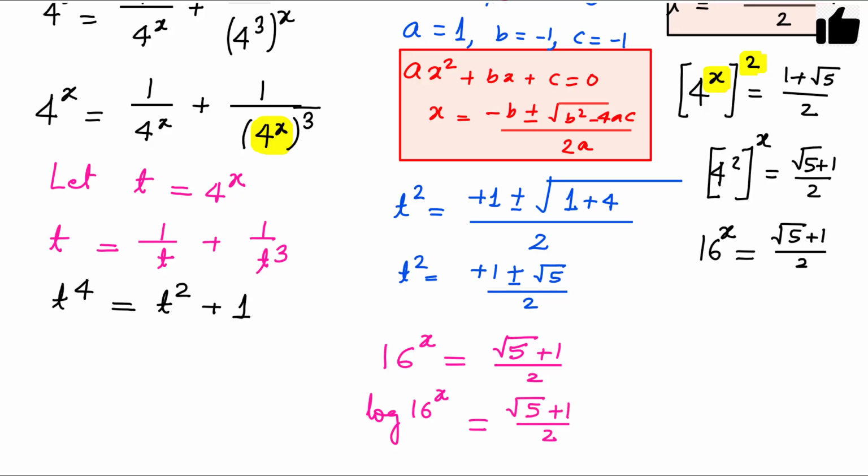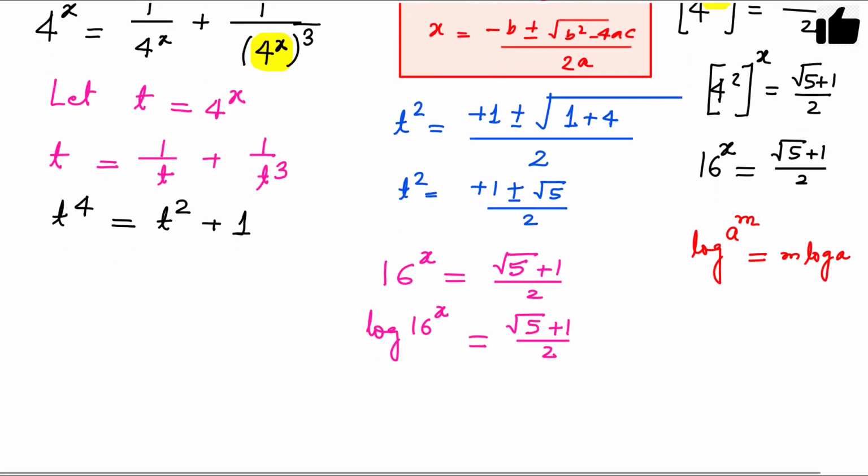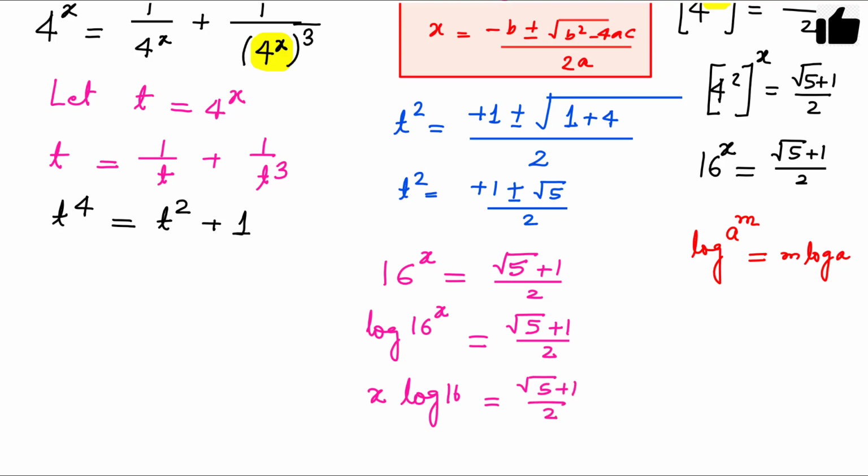And if you remember the rule of log, that is log of a raised to the power m is equal to m times log a. So if I use this rule, I can rewrite this as x log 16 equals log of root 5 plus 1 divided by 2. So this means x is equal to log of root 5 plus 1 divided by 2, divided by log 16.